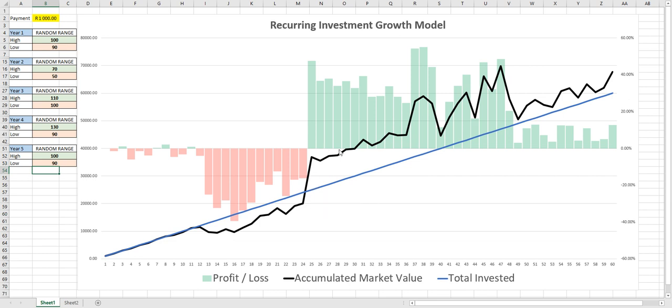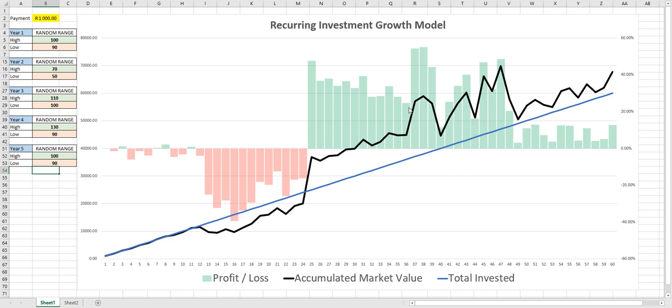And you can see as you keep paying, that amount starts to dwindle again until, in year 4, we raise the highest price again up to 130, and you can see, wow, you start participating in good gains again.